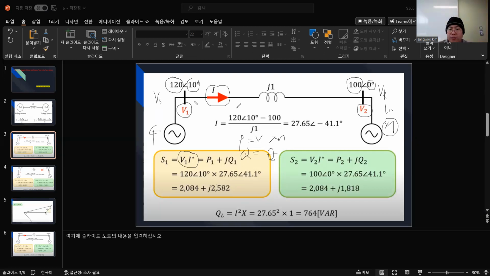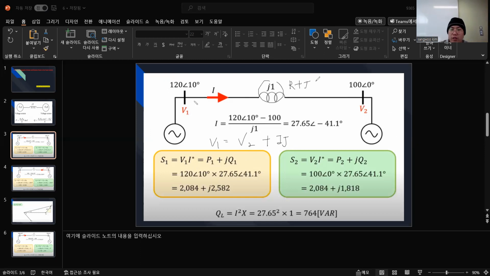So first we need to make a voltage equation, right? So V1 equals V2 plus I times jX.